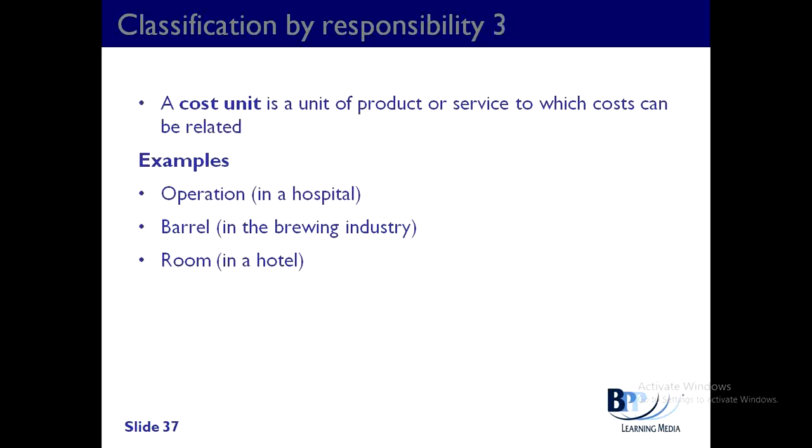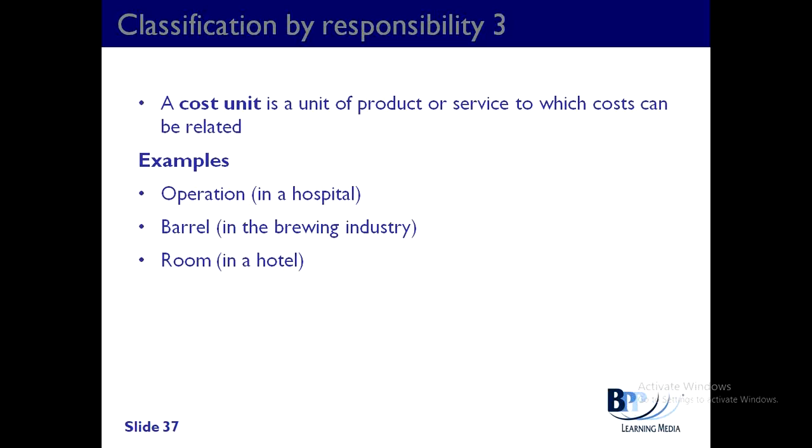Now let's talk about the other parts that relate to cost classification, and these include, number 1, a cost unit. What's a cost unit? A cost unit is a unit of a product or service to which cost can be related. You need to understand the difference between a cost unit and the unit cost.